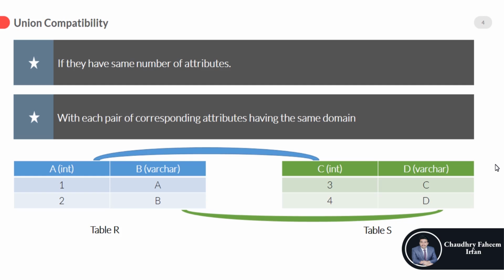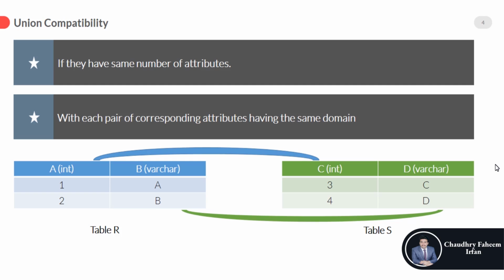In simple words, if R and S have I and J tuples respectively, their union is obtained by joining them into one relation with a maximum of I plus J tuples. Union is possible if the schemas of the two relations match.